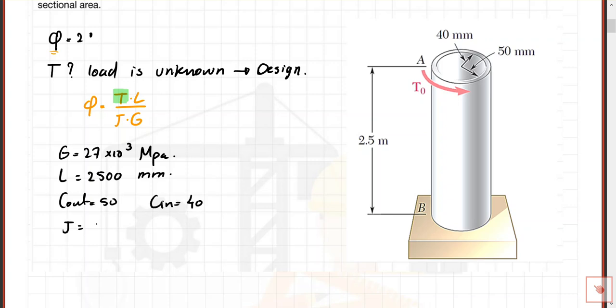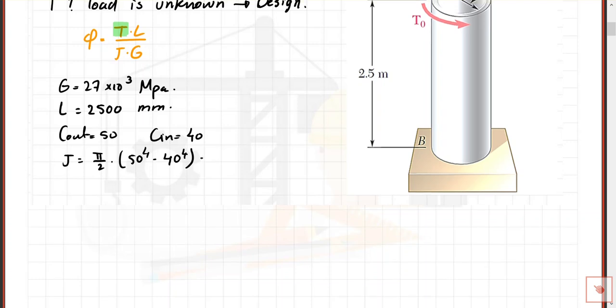I can calculate J equals pi over 2 times (50 power 4 minus 40 power 4). The answer is 5.79 times 10 to the power of 6 millimeter power 4.